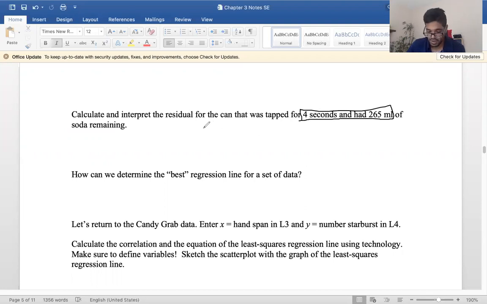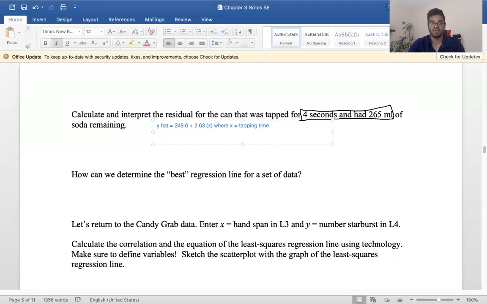Okay, so now our line was y hat equals 248.6 plus 2.63 times x, where x equals the tapping time. That was just the equation from the previous page. So what we're going to do is take this 4 seconds, plug it in here, and find out what our predicted value is for tapping for 4 seconds.